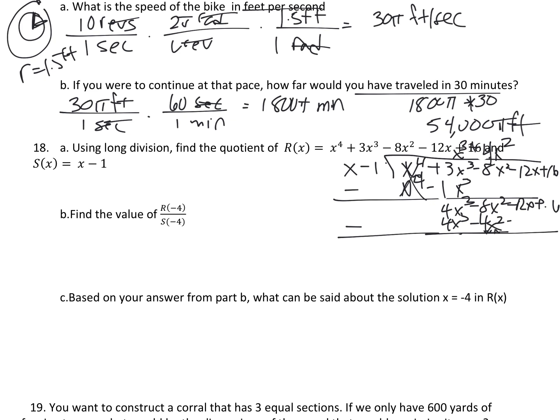So this becomes minus 4x squared. Yep. Minus 12x plus 16. Oof. Okay. And then this becomes a minus 4x. So this becomes minus 8x plus 16.